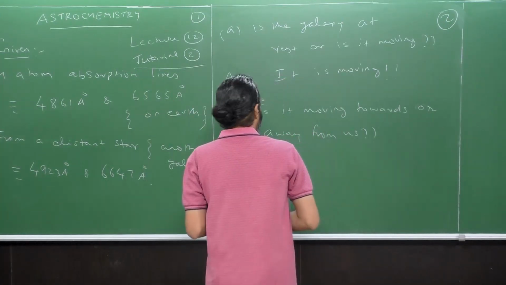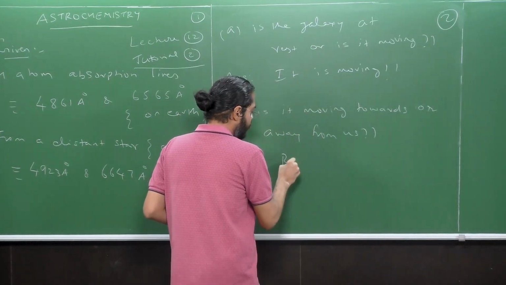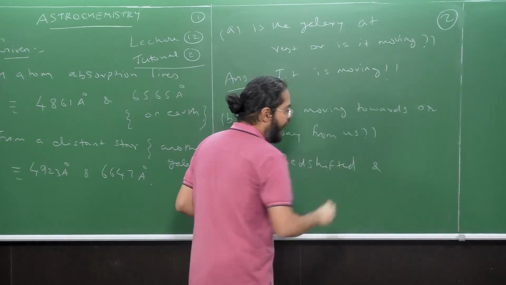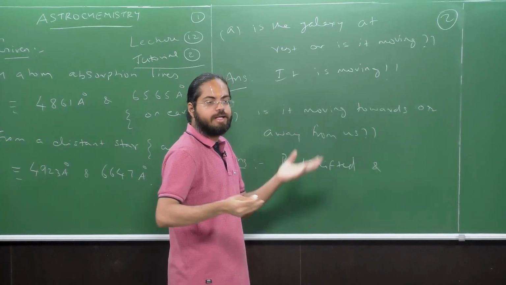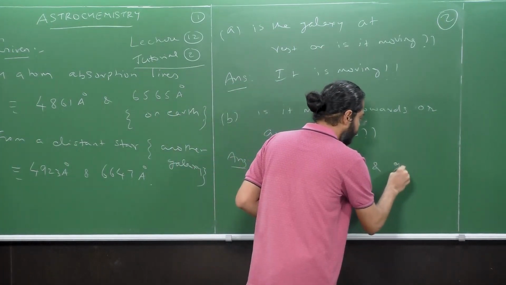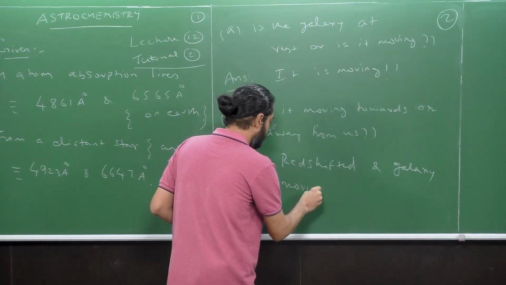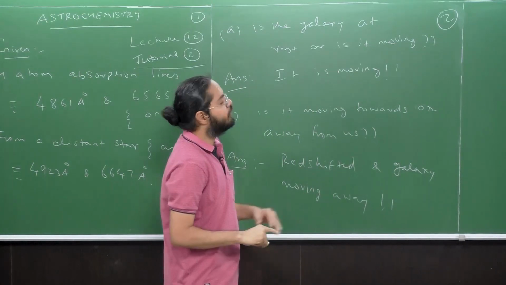So the red shifting is noted. It is, of course, red shifted, and therefore we understand that the galaxy is moving away from us. Okay, so we have sorted this.